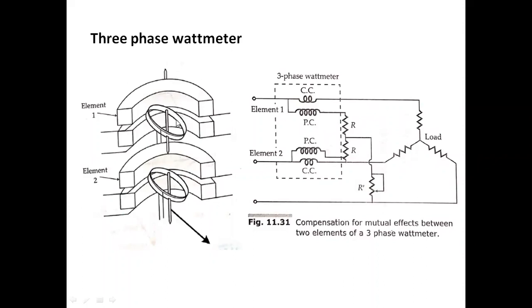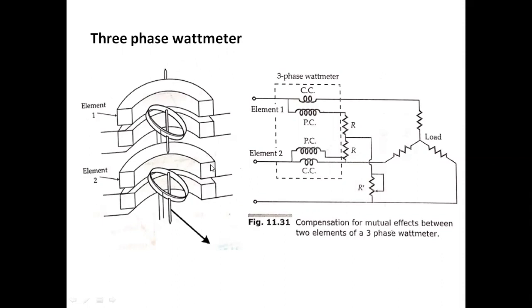That means the deflection torque provided by element 1 and the deflection torque provided by element 2 correspond to P1, the wattmeter reading of the first element, and P2, the wattmeter reading of the second element. If we sum both of them, that is proportional to the total power.